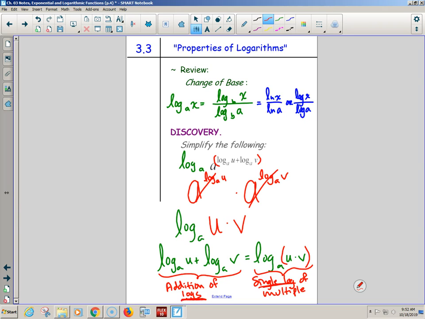So there are parts of the properties that have to do with multiple logs, plural, but then there are sides of the properties that have to do with condensing into a single log. And here's the problem. The single log, the product, can't be multiple logs, and the multiple logs can't be a single log. I know it's going to sound confusing, but I'm not trying to trick you, but I'm pretty sure you're going to get tricked, and then you'll hear me saying some of this, like single logarithm.